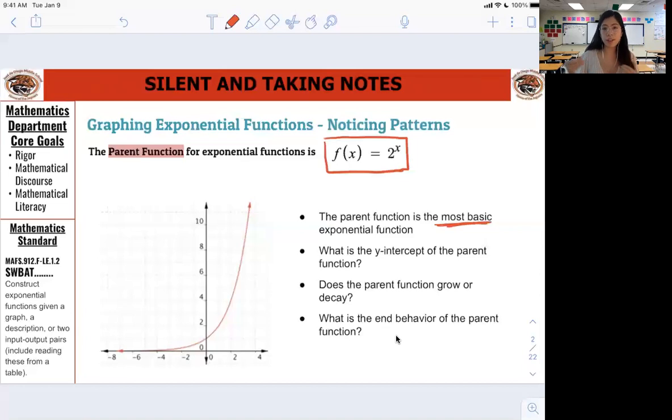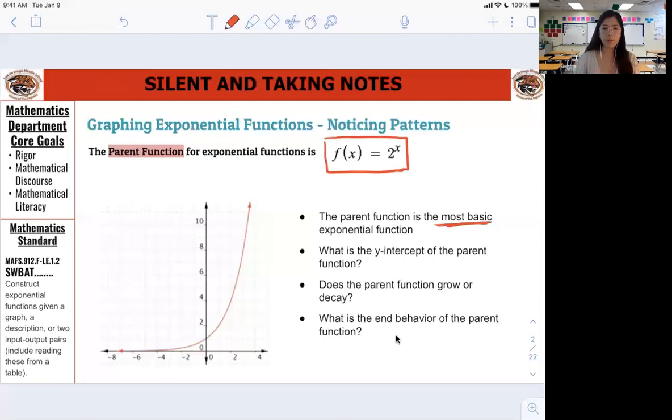It's just changing the parent function in some way. So when we're graphing these functions today, think: how does this compare to the parent function? What's different? Does it go up? Does it go down? Does it get longer, shorter, wider? As we go through today's class, we'll start comparing things to the parent function.